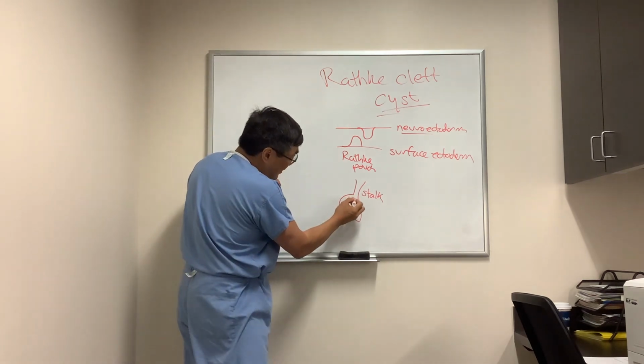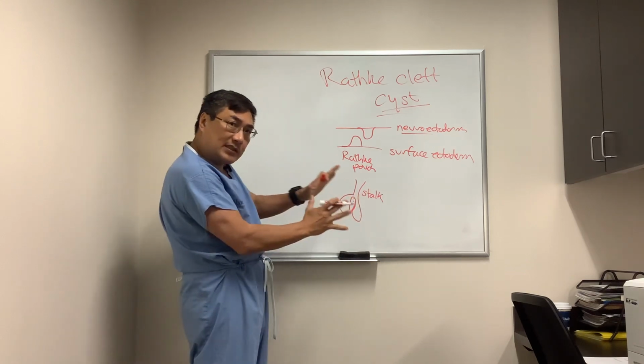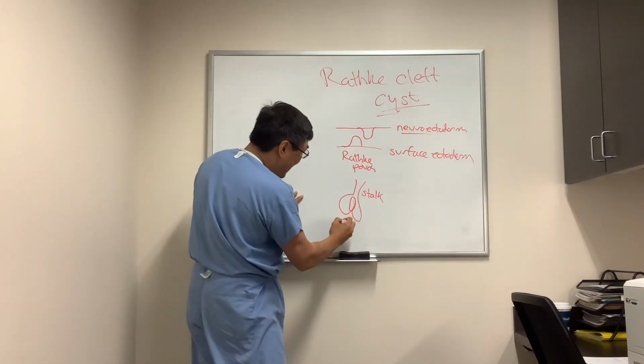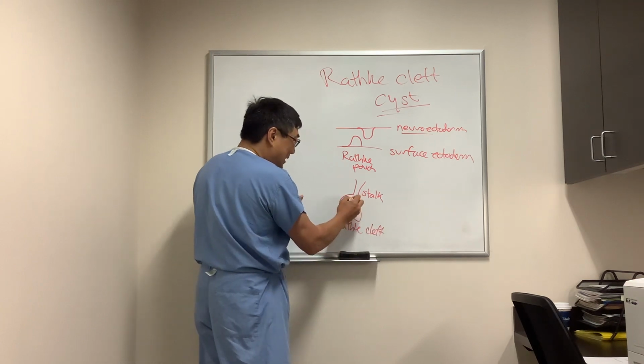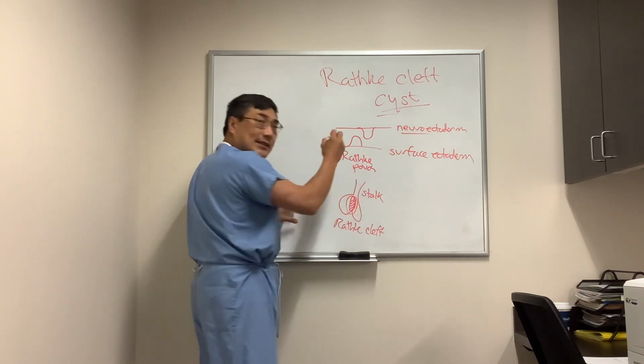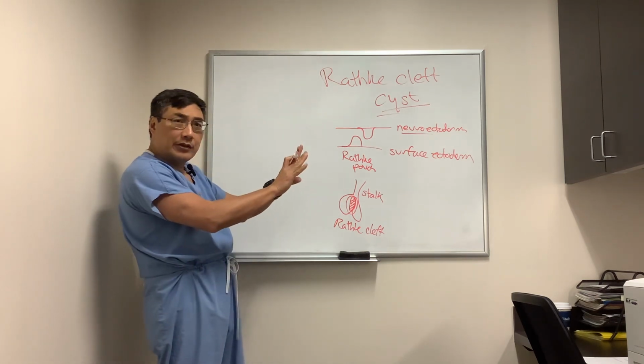This space is a potential space between the two pieces of the pituitary gland, and that thing is called the Rathke cleft. And so a cyst can form right in the potential space between the meeting point between the surface ectoderm and the neuroectoderm.